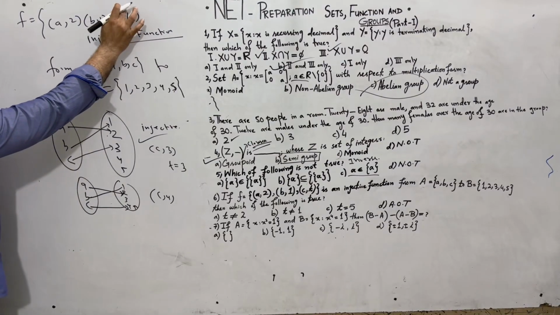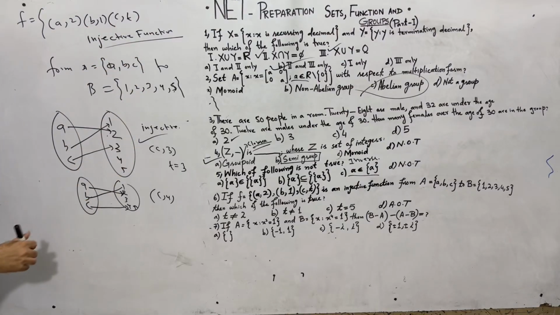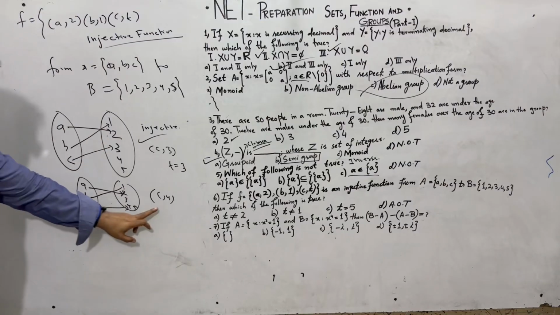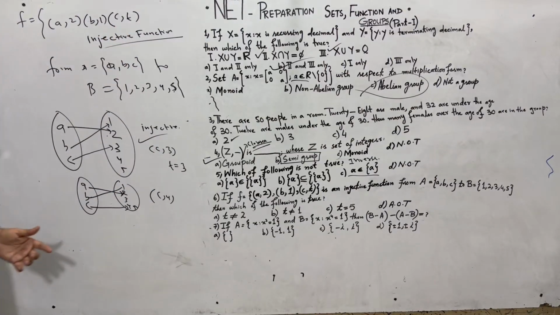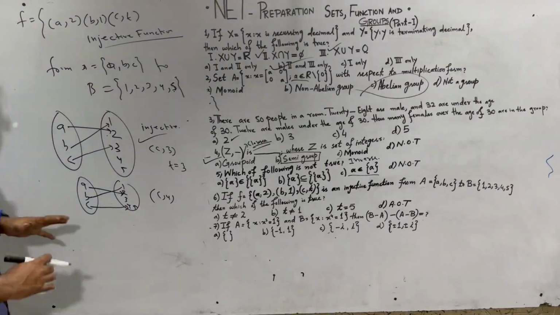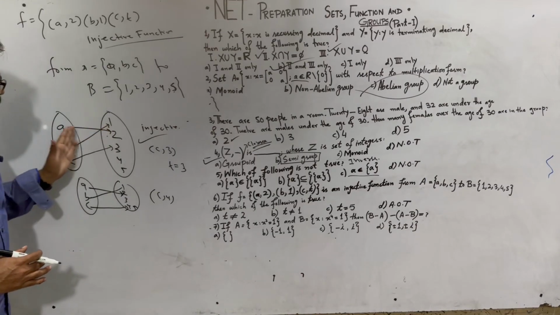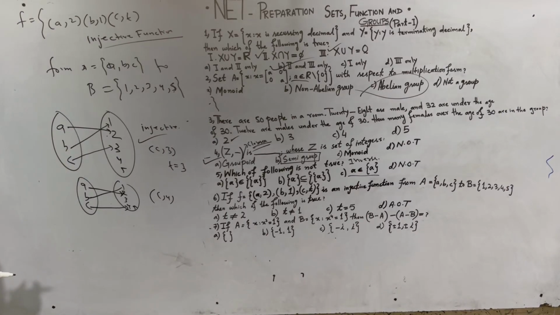If I write C to 3, it's injective: A to 2, B to 1, C to 3. If instead of 3, I write 4, C to 4, it's also injective. If I put T as 5, it's also injective. It's also injective, meaning different elements have different images, a unique image, not more than one.